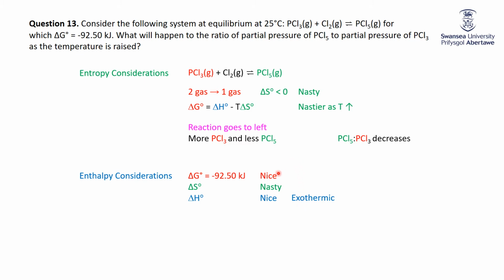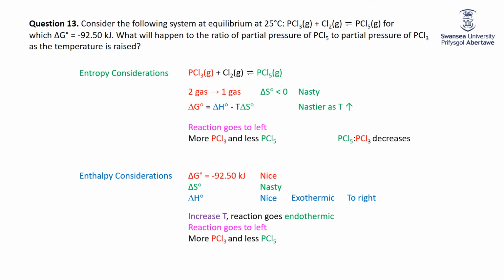Now, what do we know from Le Chatelier's principle happens to an equilibrium when the temperature is raised? We know that as we increase the temperature, the reaction goes in the endothermic direction. Well, we've already decided here that the exothermic direction is to the right because delta H is a nice exothermic number. So if exothermic is to the right, endothermic is to the left.